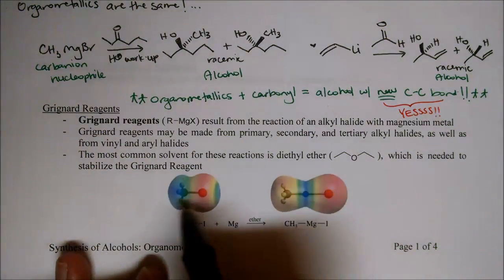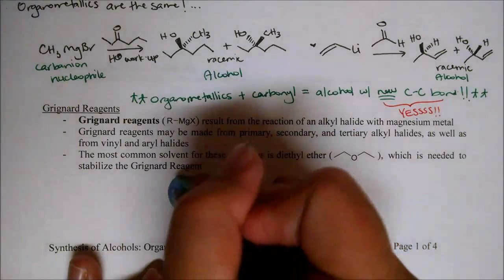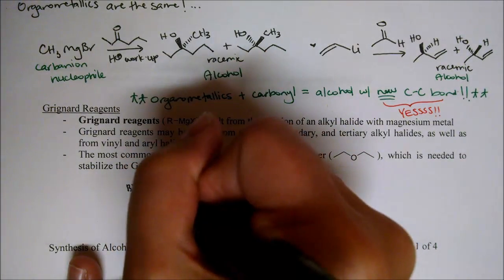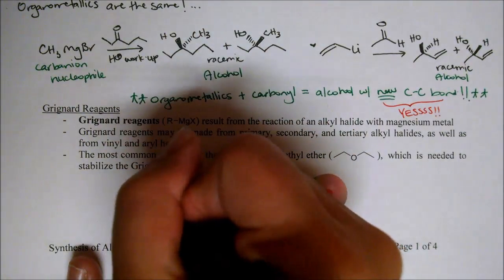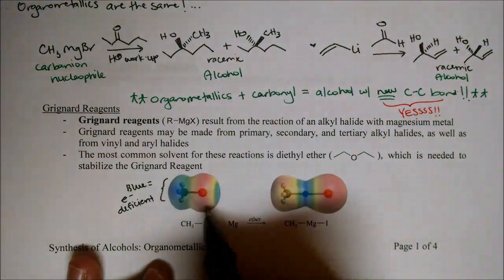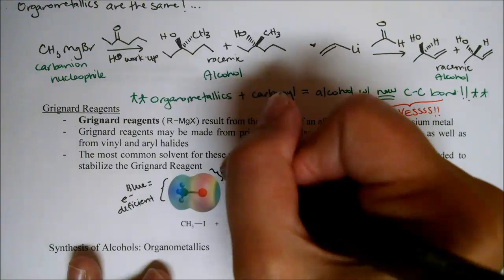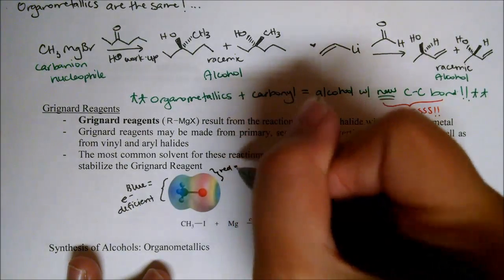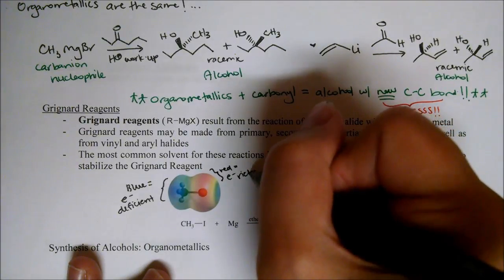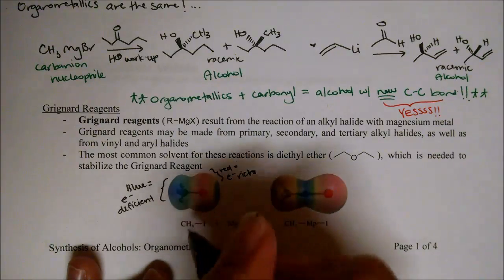And this is what they look like. Here is methyl iodide just normally, before it has reacted with the magnesium. You can see here that on this side it's blue. For these electron density maps, blue means we are electron deficient. And we can see that the halide, the I, is very red. Red means electron rich. And this makes sense, because the halide is more electronegative, so it's pulling electron density.